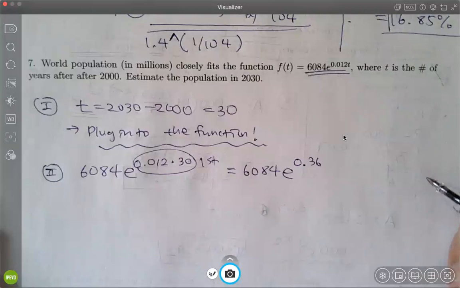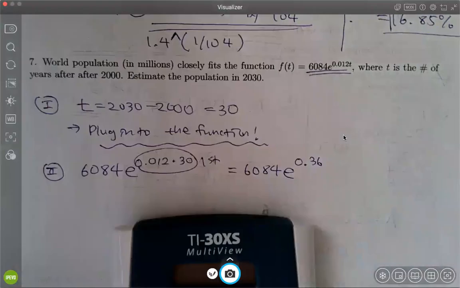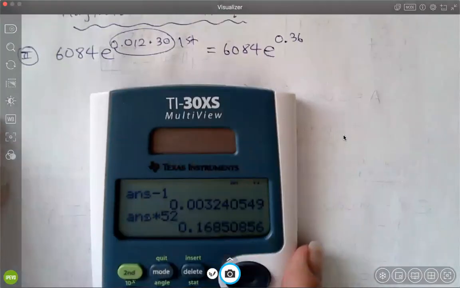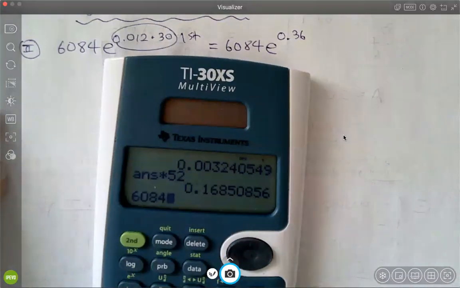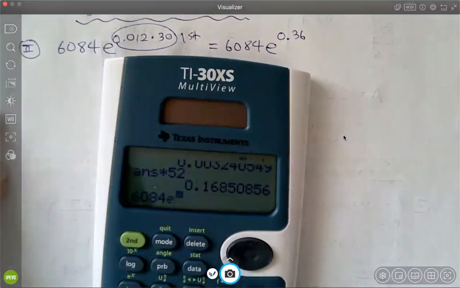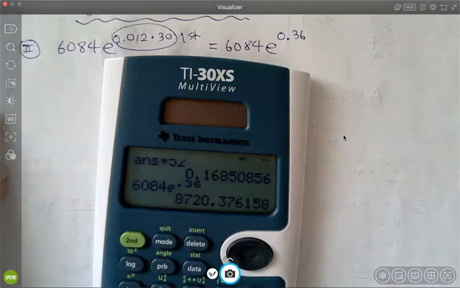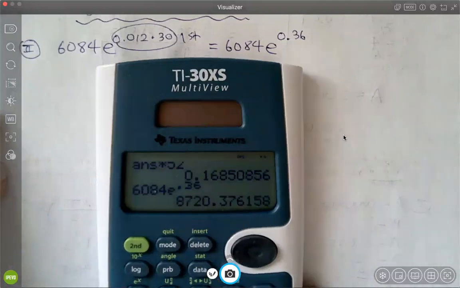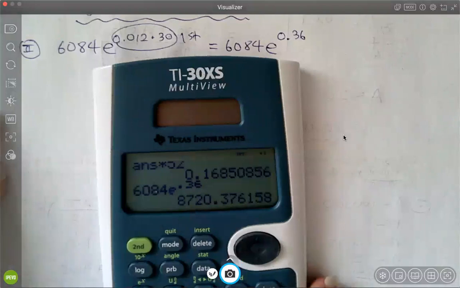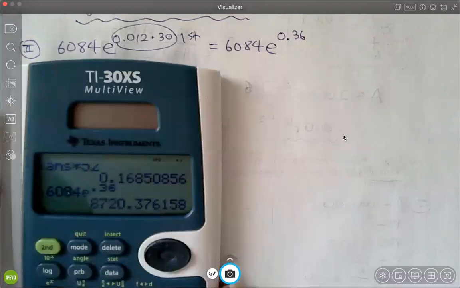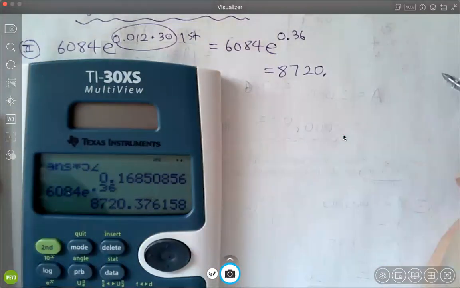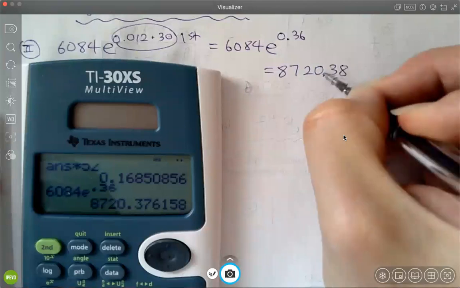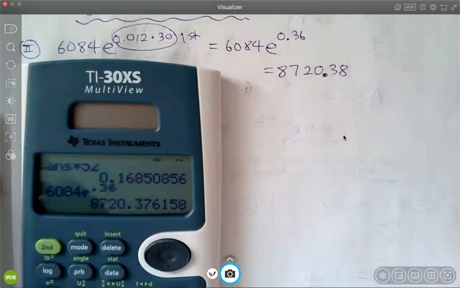Okay, so now you punch in this number to the calculator once again. So 6084, and then e to the power 0.36. Okay, so it's 8720, and let's round to 2 decimal places, so 0.38.